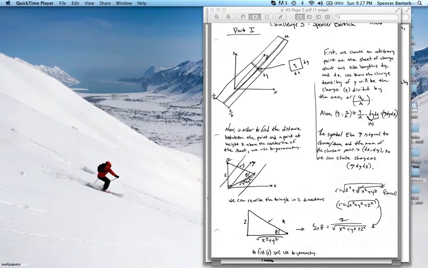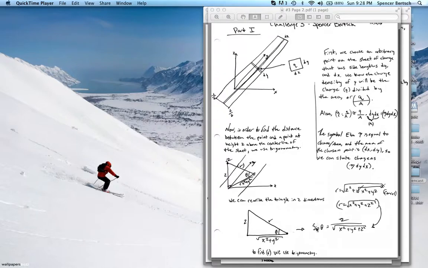To find r, use the Pythagorean theorem again: the square root of z squared plus the square of this side. The square and the square root cancel, and you end up with r equals the square root of x squared plus y squared plus z squared. So this is your side length r.